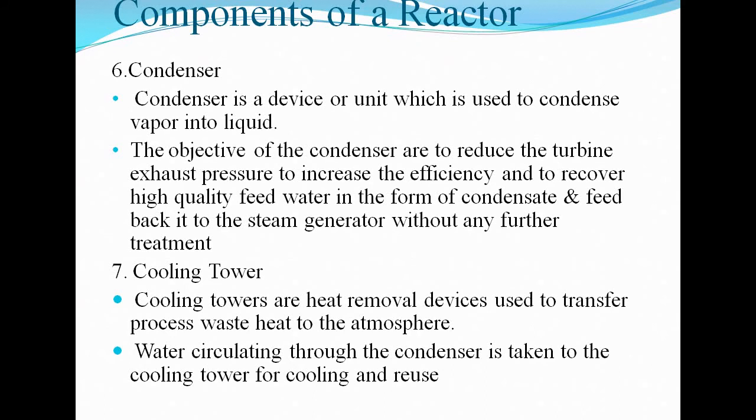The objectives of the condenser are to reduce the turbine exhaust pressure, to increase the efficiency, and to recover high quality feed water in the form of condensate and feed it back to the steam generator without any further treatment. So that is the function of condenser.